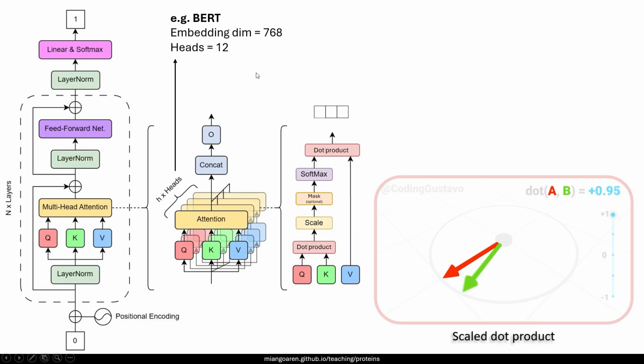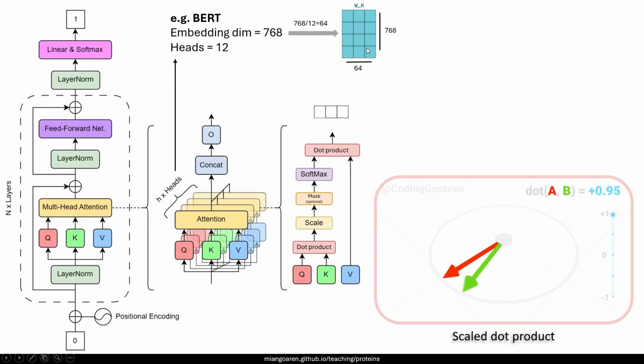BERT in particular uses an embedding dimensionality of 768. And in its attention heads, it considers only 12. This is relevant information since it evidently determines the dimensionality of this embedding. When we divide the dimensionality of the embedding by the number of attention heads, we have a value of 64.